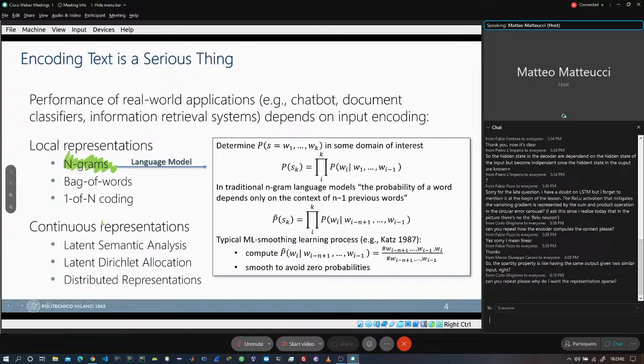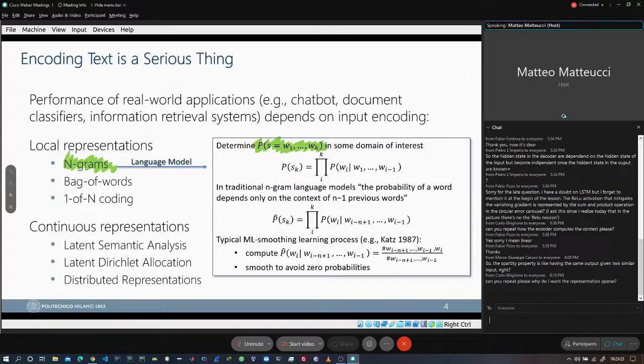So let's assume you have a document, or a sentence, it's the same thing. We would like to compute the probability of this sentence. Why would we like to understand the probability of a given sentence?